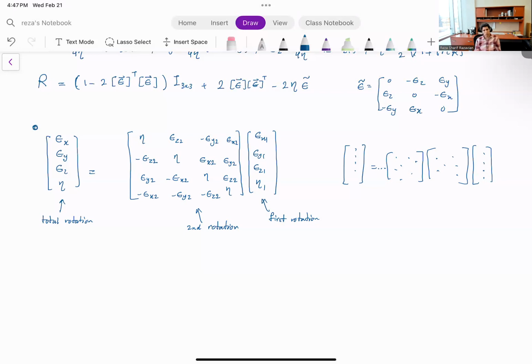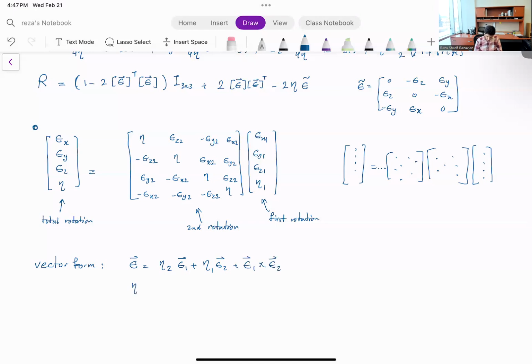You can also do it for just two rotations, rotation 1 and 2, in vector form. So in vector form, your epsilon vector is eta 2 epsilon 1 plus eta 1 epsilon 2 plus epsilon 1 cross epsilon 2.